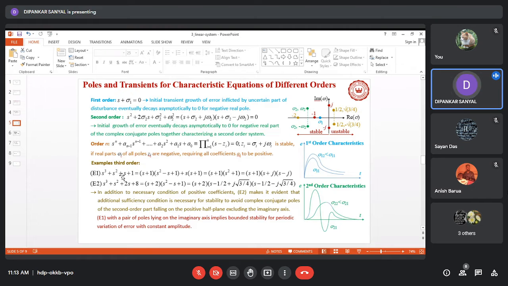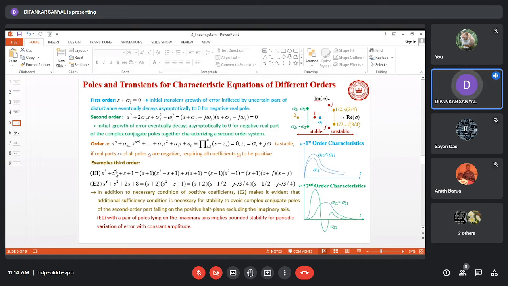This s square plus s is s into s plus 1, and this s cube plus 1 is s plus 1 into s square minus s plus 1. So eventually, this is the s cube plus 1 term and this is the s square plus s term. If we take this s plus 1 factor common from both, this s square minus s plus 1 plus s gives us s square plus 1, and that s square plus 1 is nothing but s plus j into s minus j.